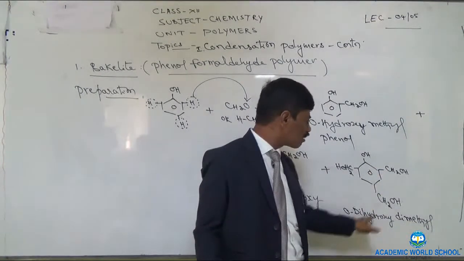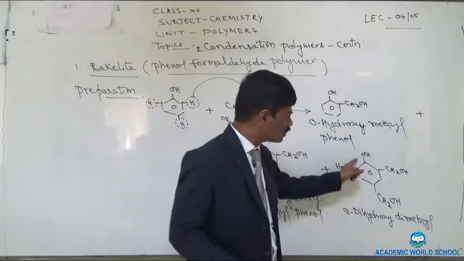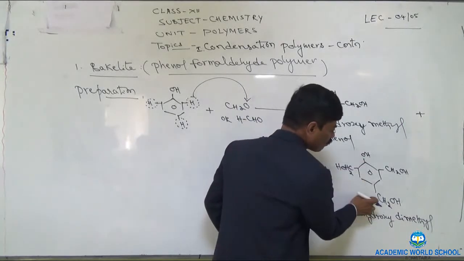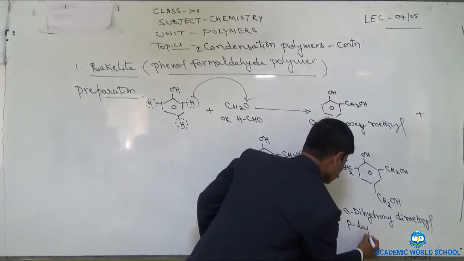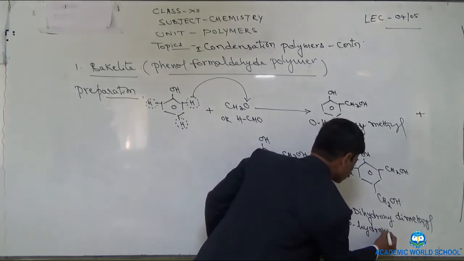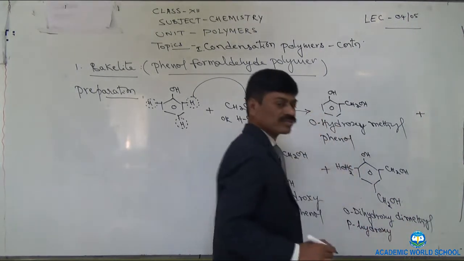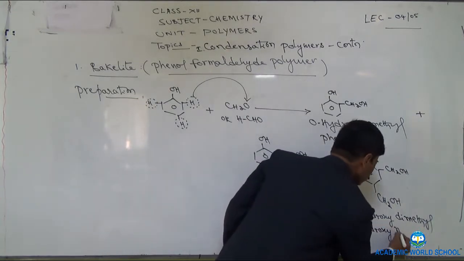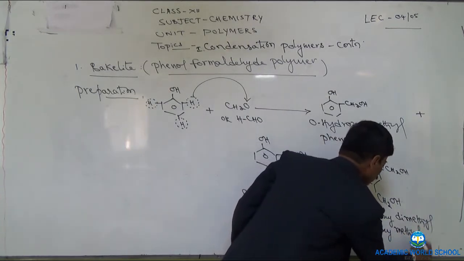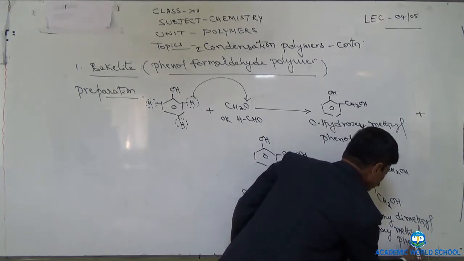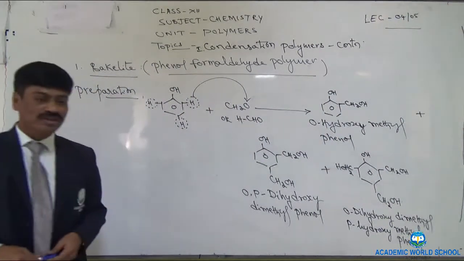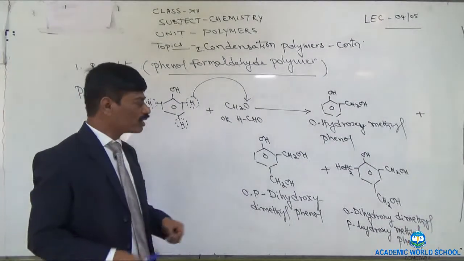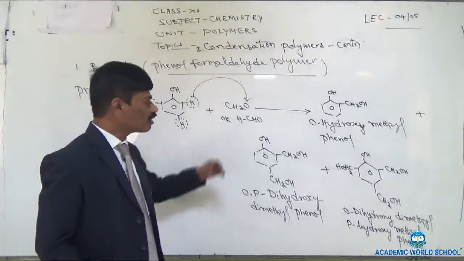So ortho dihydroxy dimethyl. Now come to para position. Para hydroxy methyl phenol. That's how you need to remember. Means how to name the compound based on its structure.